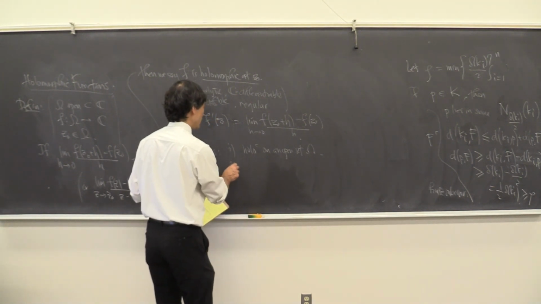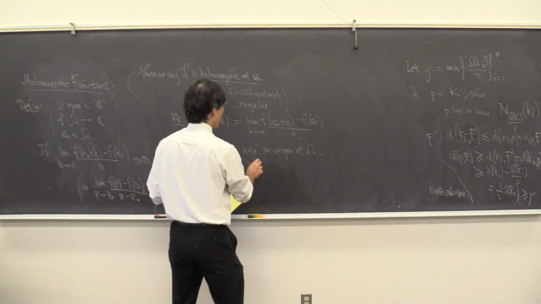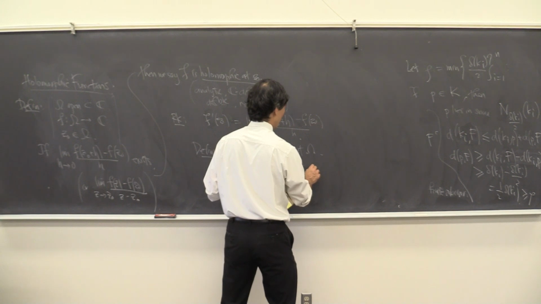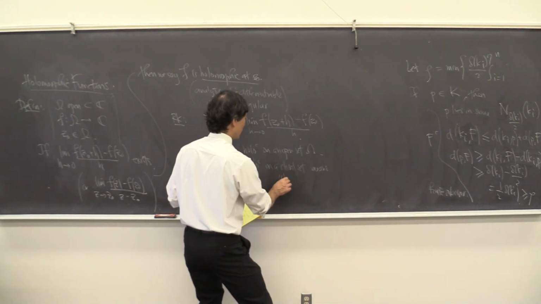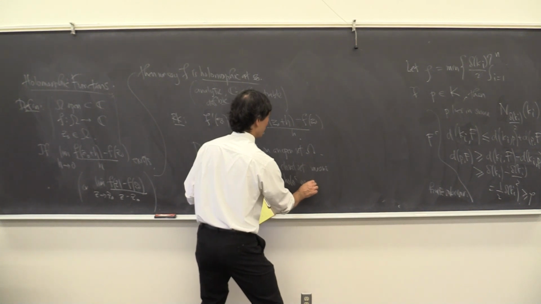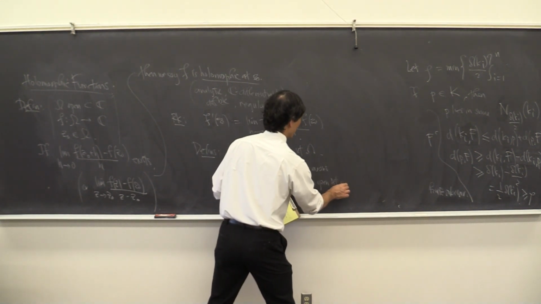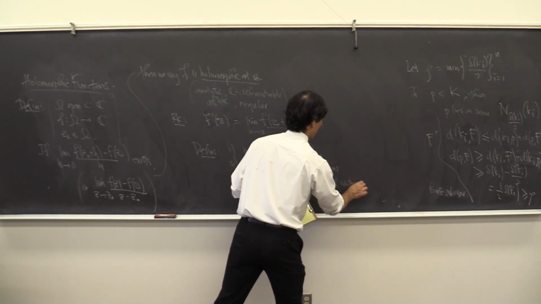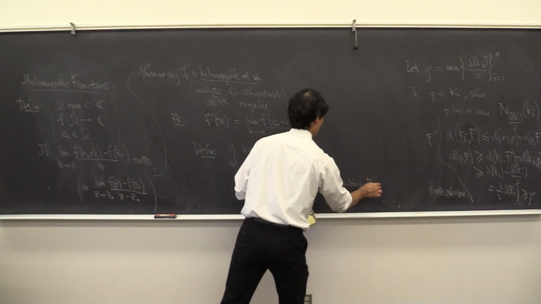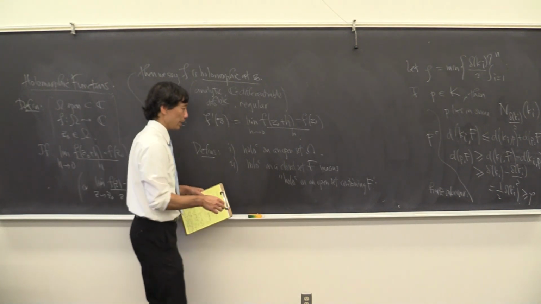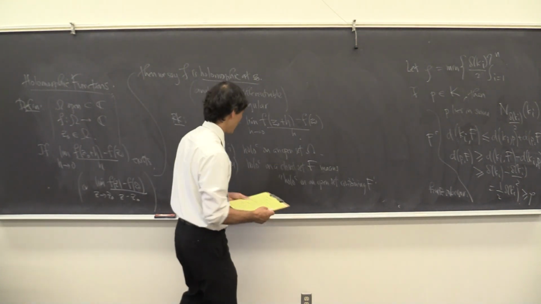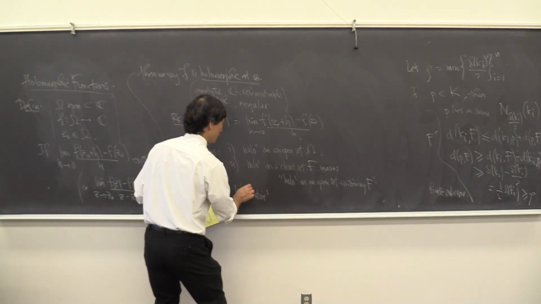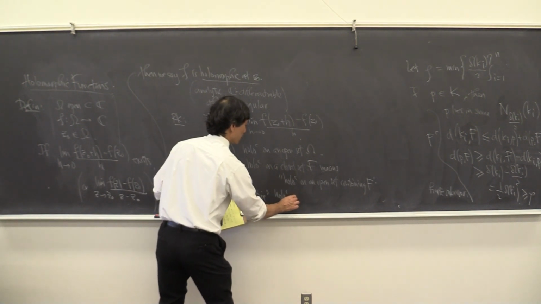But holomorphic on a closed set means that you're holomorphic on an open set containing that closed set. So it's not the same sort of thing. And a third definition that Stein throws in here is entire, which simply means holomorphic on all of C.